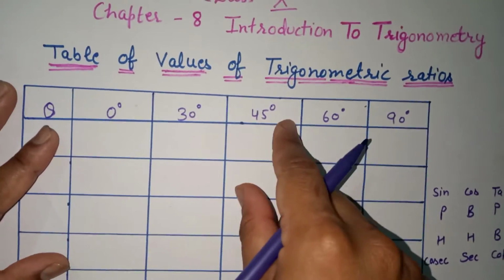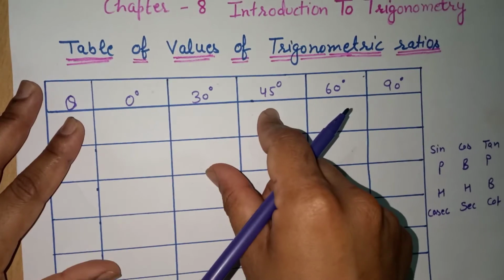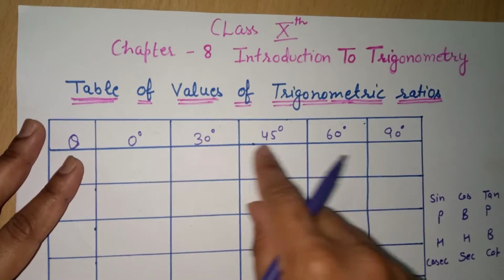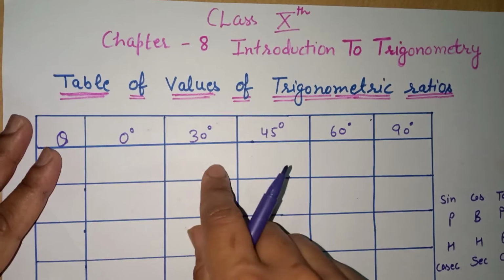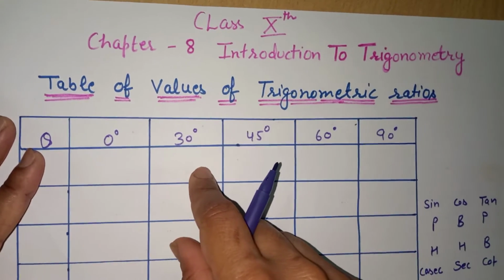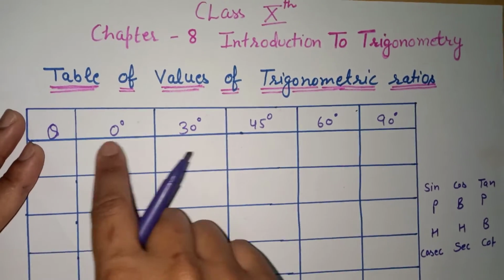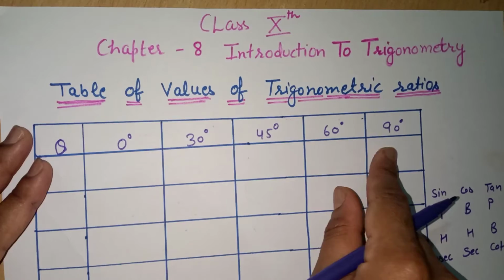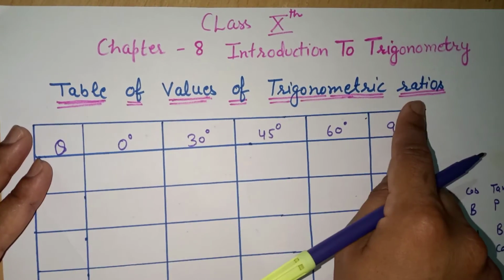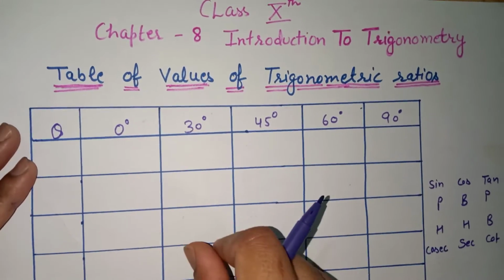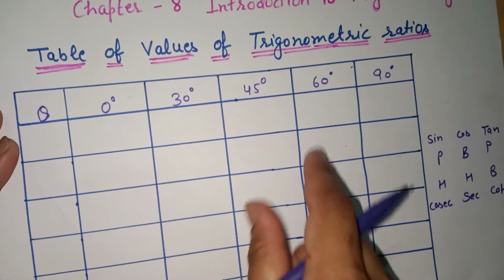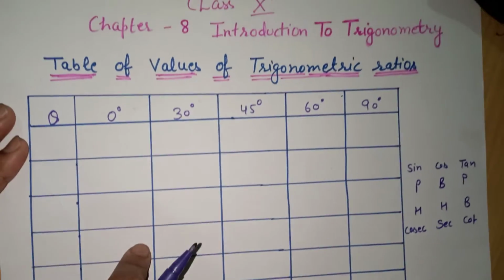In the higher classes like class 11 and 12 you are also asked to find the trigonometric ratios for angles like 120, 160, 180, but in 10th class only for these values. So in today's video I will tell you how you can easily learn this table of trigonometric ratios for different values of theta.